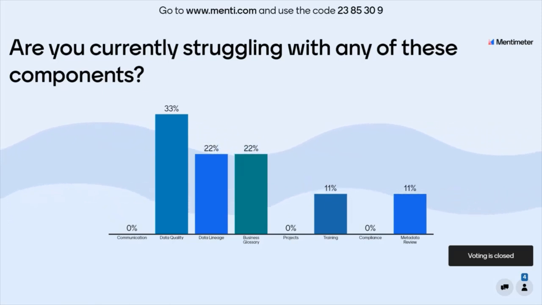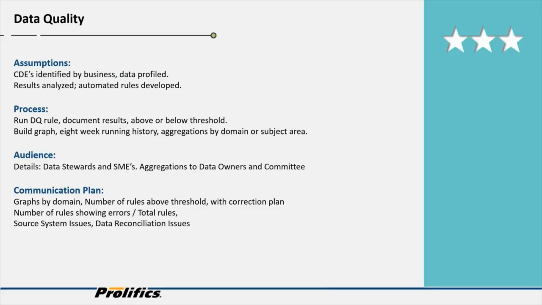And just a reminder, if you have any questions at all, please enter them into the Q&A function in the chat. All right, looks like voting is closed and we're going to go ahead and continue. So I'll start with the data quality and the data lineage that we just saw that everyone's interested in.